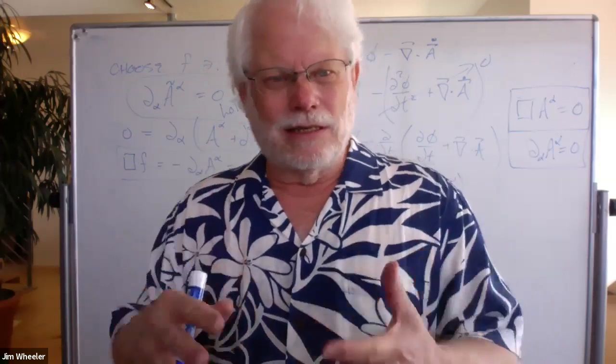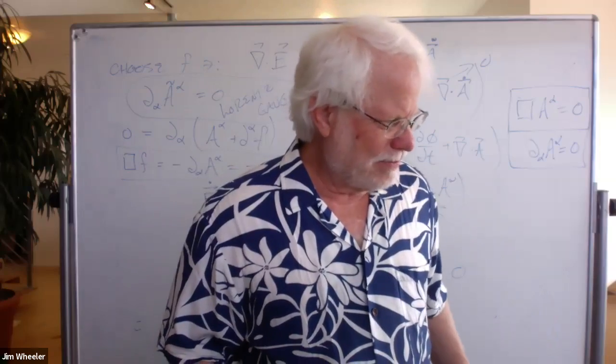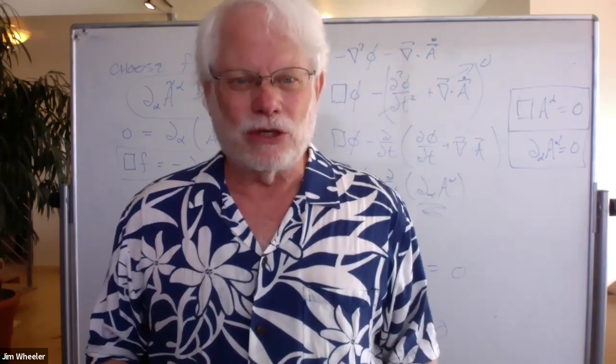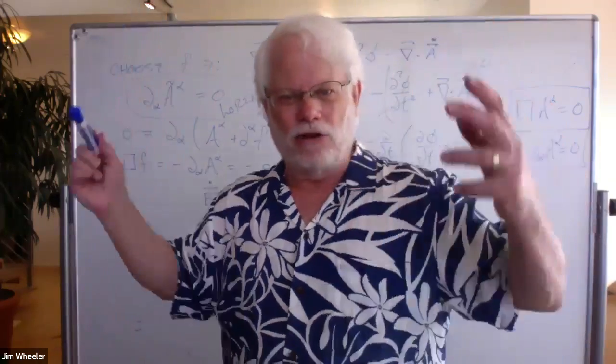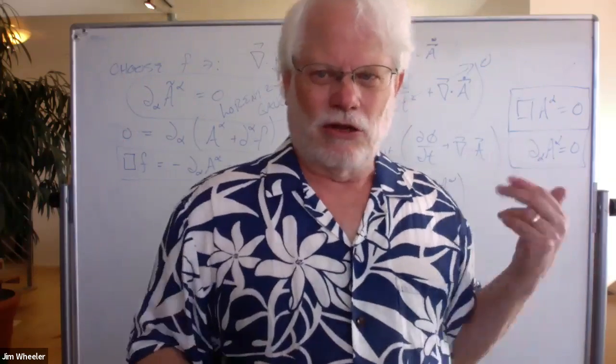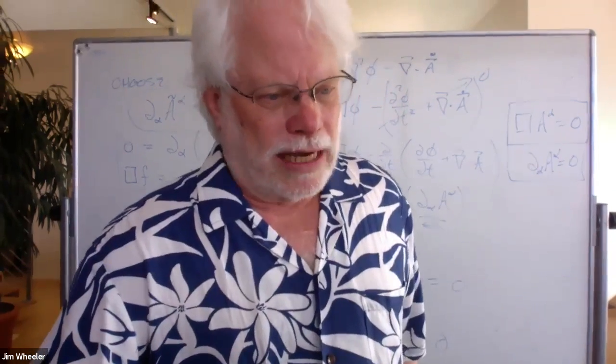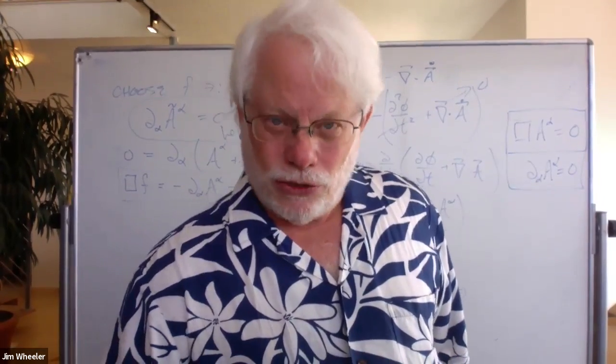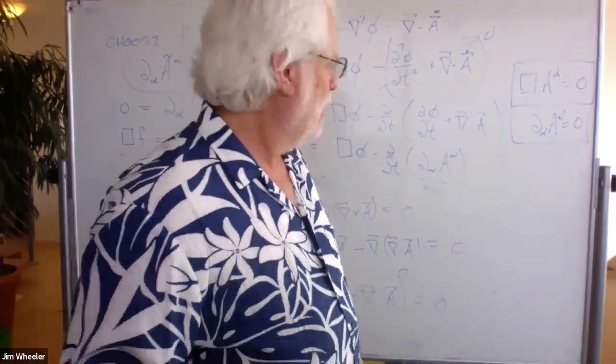So this gives us a very simple formulation of Maxwell's equations. This is a lot easier than all that del cross B stuff, right? We know how to solve wave equations. Okay, this is not all we can do.